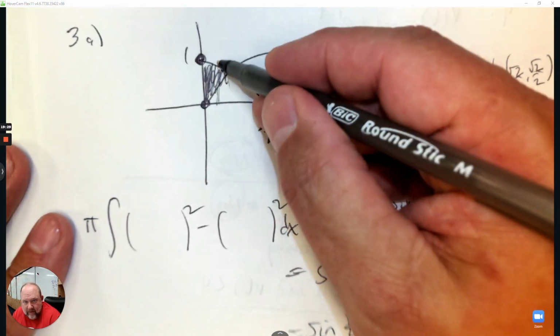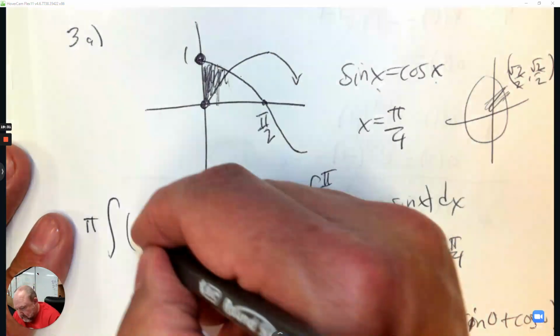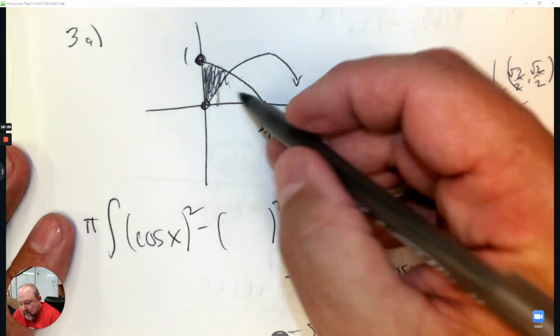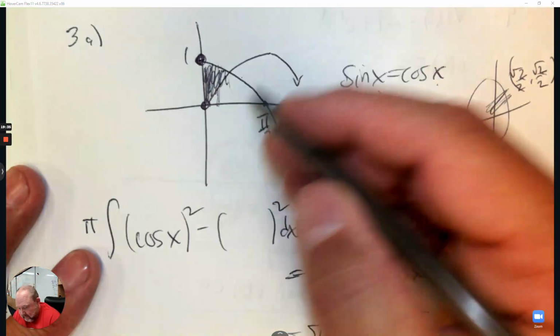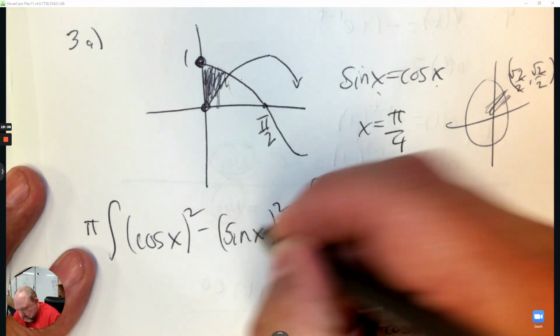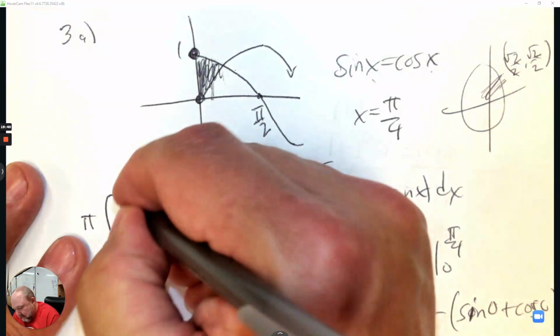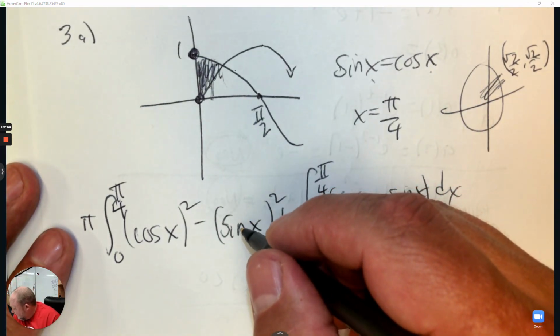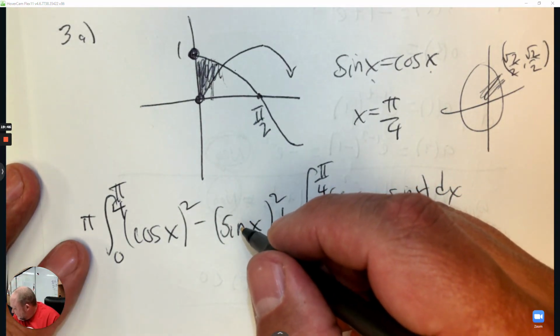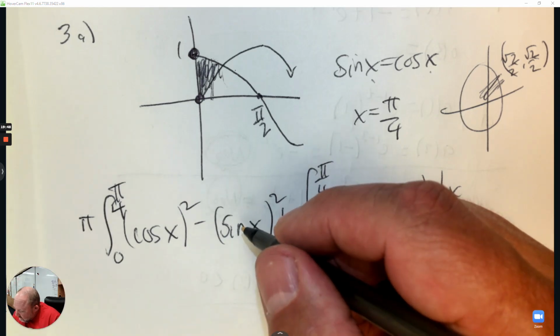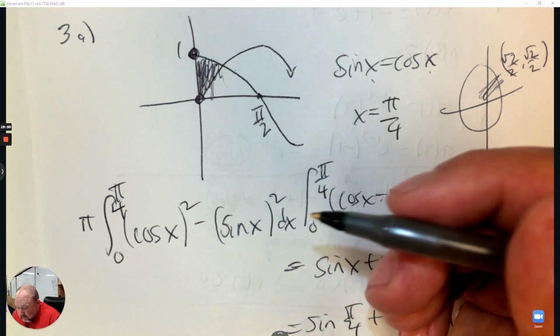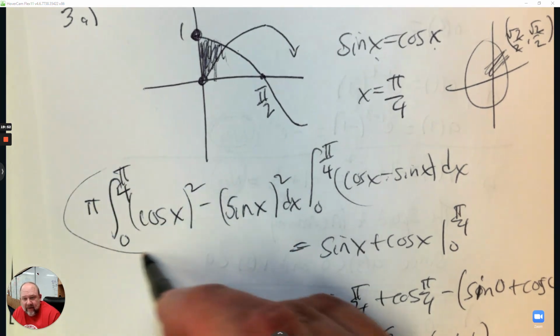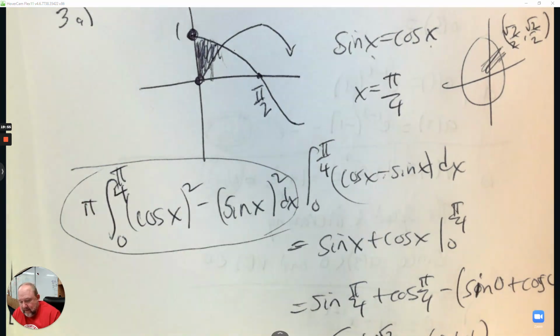So the big radius is cosine minus 0, and the small one is sine minus 0. And it goes from 0 to pi over 4. We need to find the volume of it. Oh, and it says with calculator. So then you would type this in your calculator.